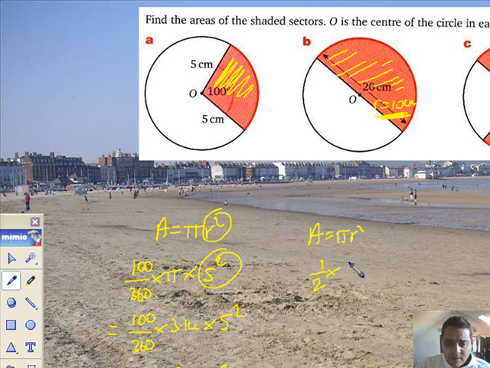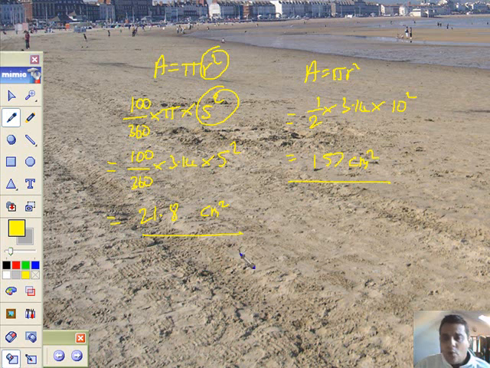So it's going to be half times 3.14 times the radius, 10 squared. So 0.5 times 3.14 times 100, isn't it? Dead easy. I've got 157 centimetres squared of pizza. So it's half the cake, half the pizza. Again, like before, just separate this off into nice little black bits here.